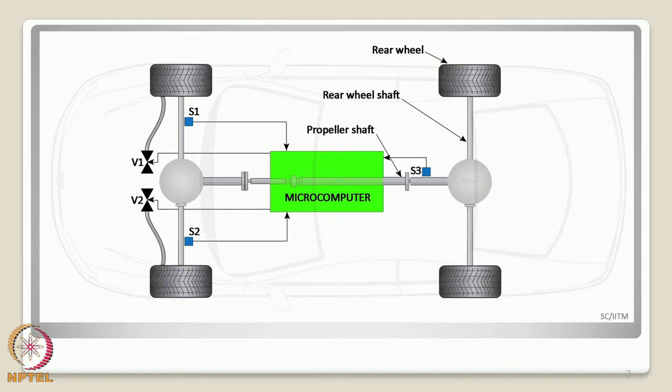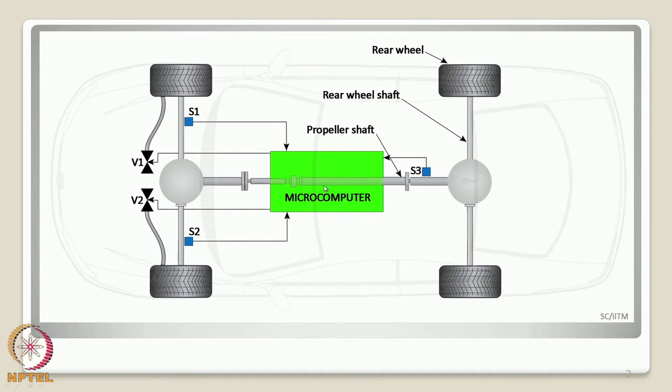Let us quickly see the working of this. For example, this being a driving shaft, when the speed of the vehicle is very high, which is indicated by the sensor connected to the propeller shaft which receives the shaft speed from the rear wheel, then when the brake is applied, there is going to be retardation in the driving shaft speed. That will be sensed by S3 which will bring information to the microcomputer.